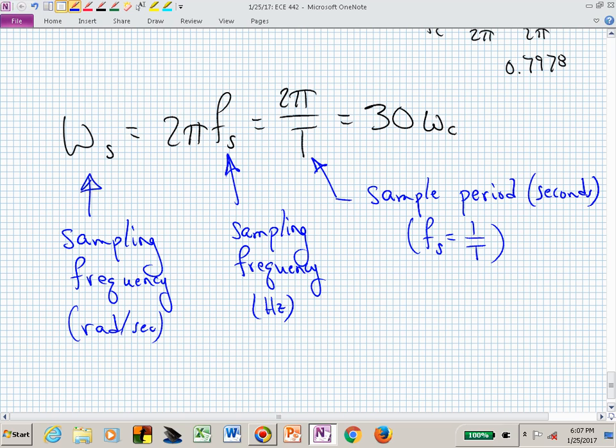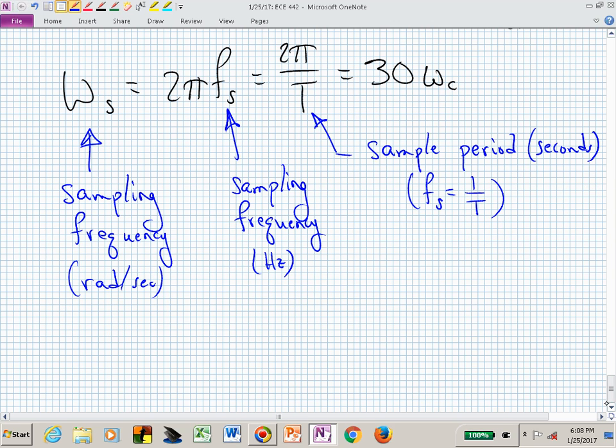But in this, what do we know? We were given omega sub c. We know 2 pi. We want to find what is F sub s, or what is capital T. So we can solve for that unknown in this expression. Therefore, capital T is equal to 2 pi over 30 omega sub c.